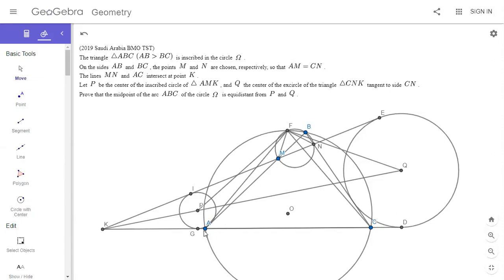So yeah, FMA is congruent to FMC. I'm having an idea here. Let me see how this is going to work.